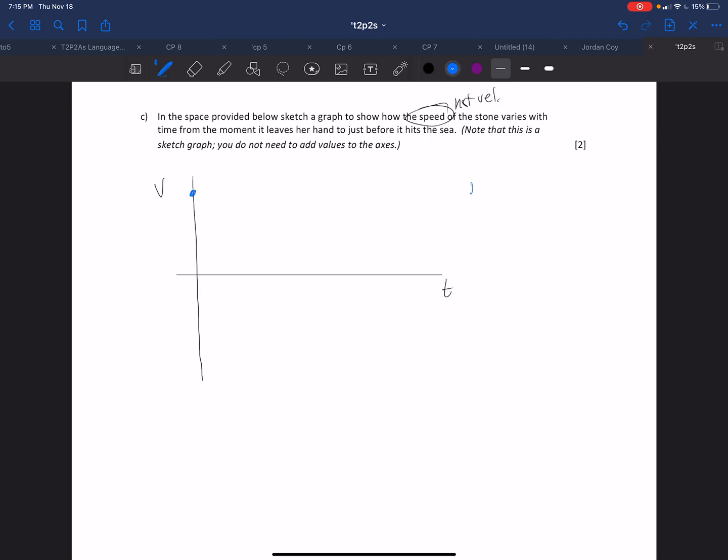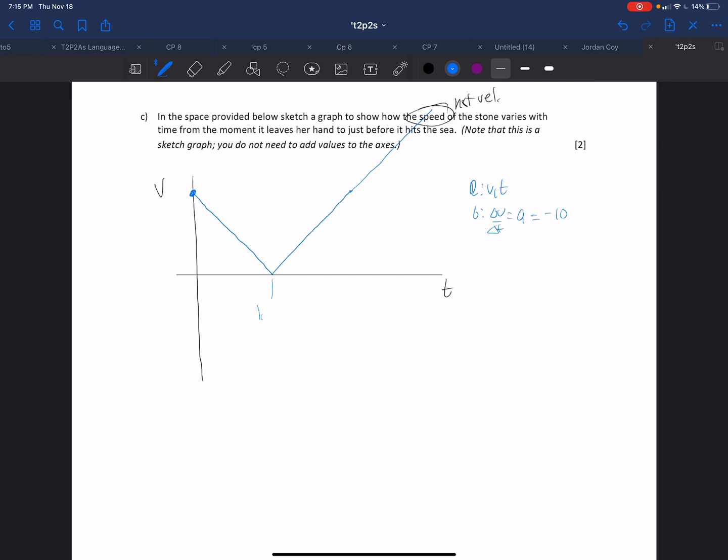The acceleration, so we can read velocity-time, the slope is delta v over delta t, which is acceleration. And so that's a constant minus 10. It goes to 0. And then it increases again because speed is always positive. And then it continues to increase until it hits the water.